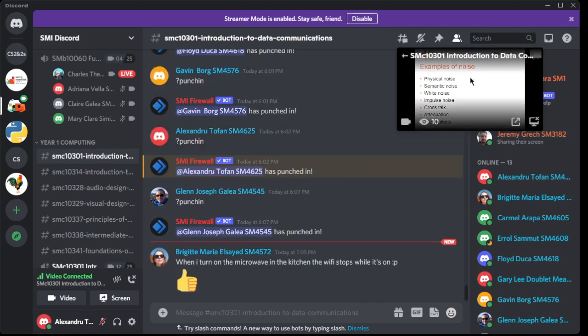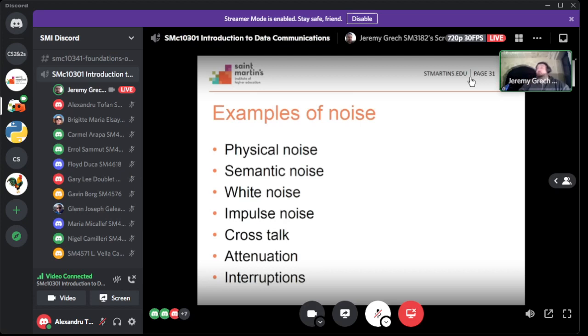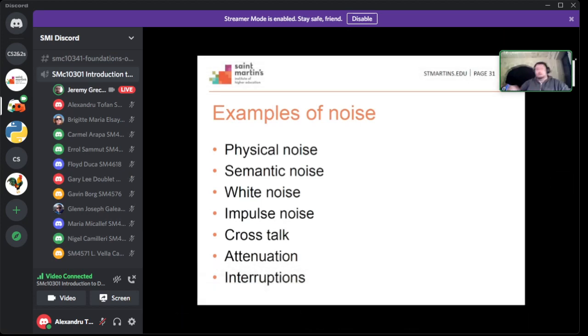Another form of interruption would be, I don't know if you remember this, whenever you used to put your phone next to a speaker and you were going to receive a text message or a phone call, you would hear a noise and then your phone would start ringing. That is a form of interruption. It's also a form of crosstalk to a certain extent. But that's the idea essentially.